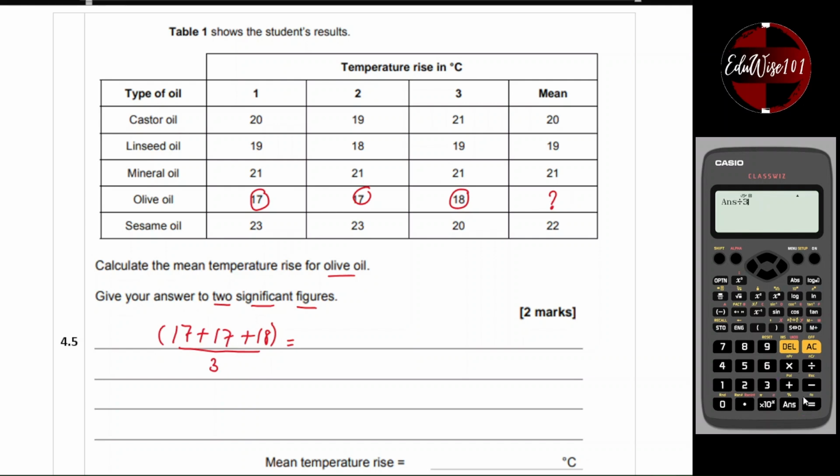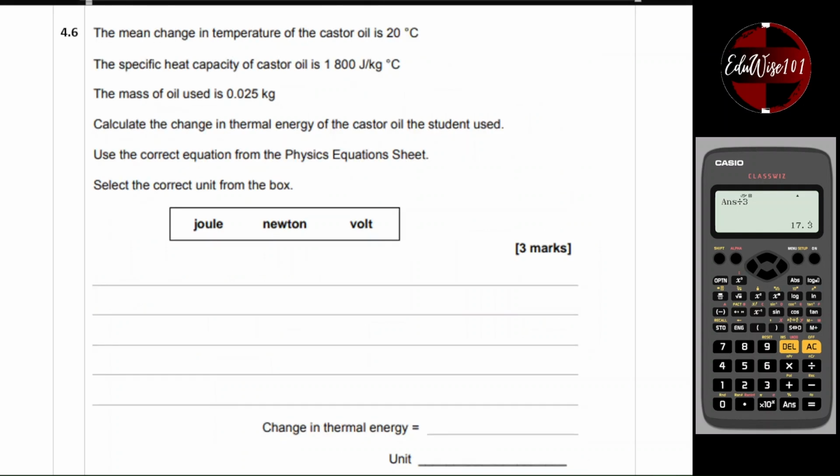Divide by 3, that gives you 17.33 recurring. Because they're asking you to give it in 2 significant figures, the answer is going to be just 17. Next question.